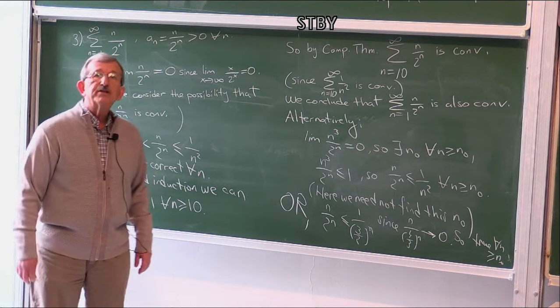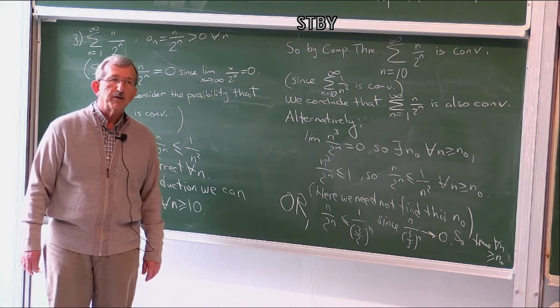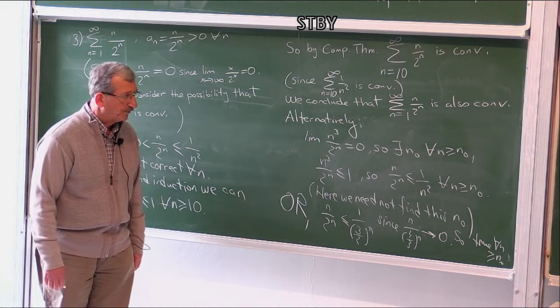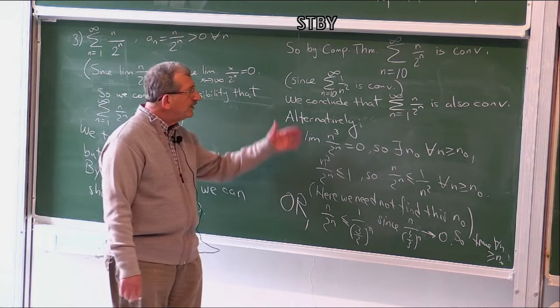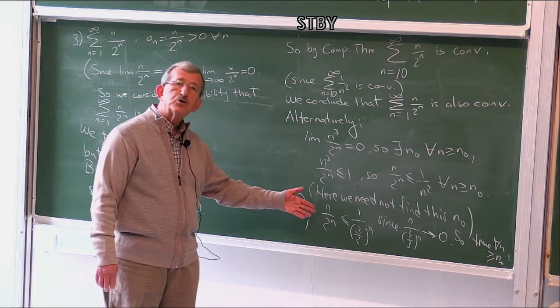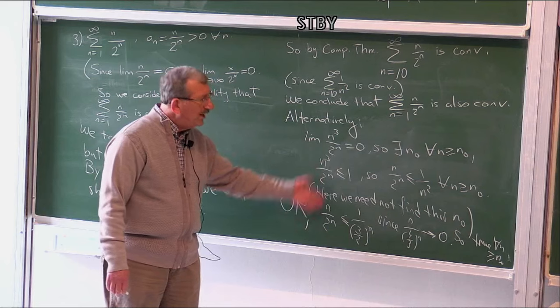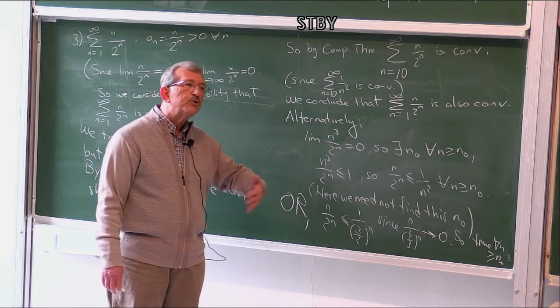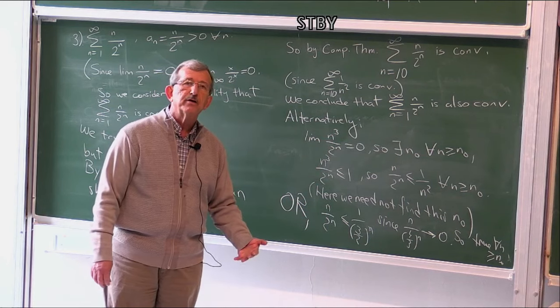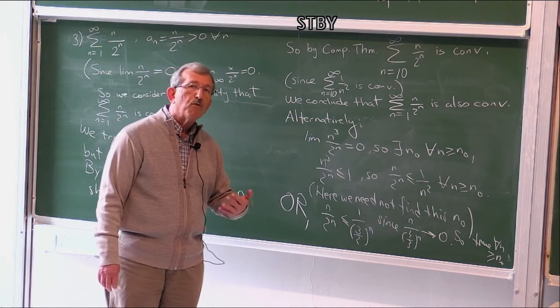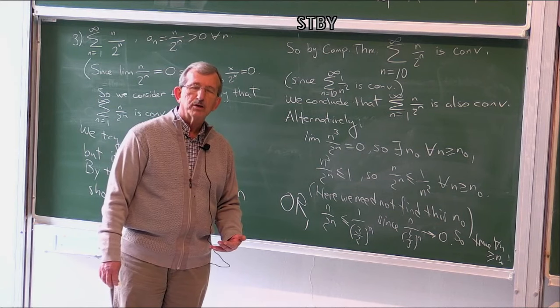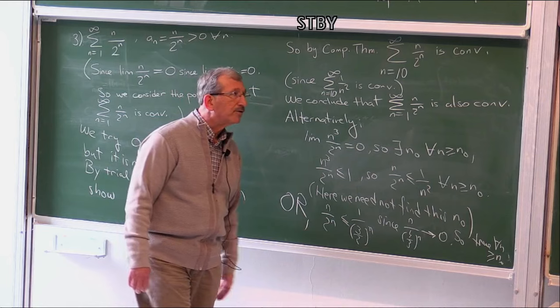So there are various ways you can apply the comparison theorem. But using the limit properties certainly helps. Well, we can formulate this last part, that is using limits in comparison, in a much more formal way. Call it the limit comparison theorem.